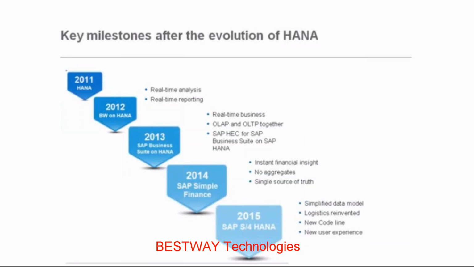ECC 6.0 was designed on the traditional RDBMS concept. To make the application run faster, SAP had to change its database architecture. For any application to run faster, the application component should be fast along with the database architecture.